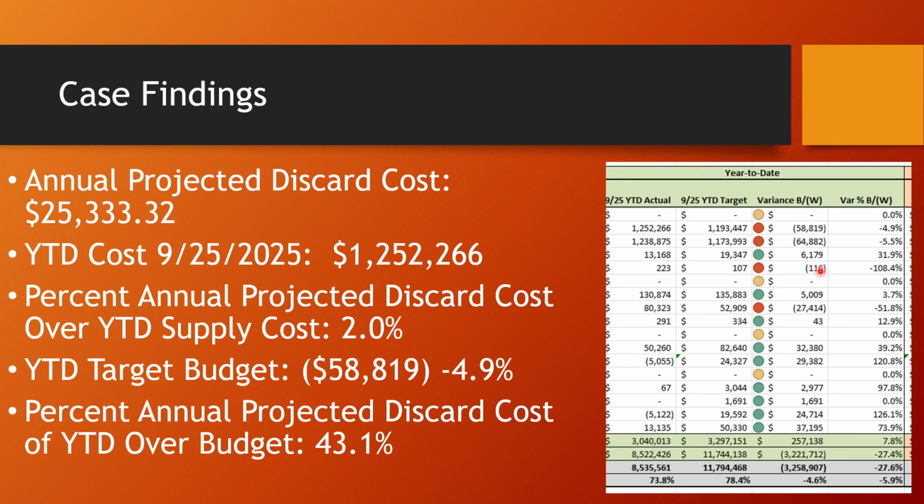And of that $58,000, 43% of that is actually going to be this annual projected discard cost. So that's a pretty significant percentage of how we're over budget. That 43%, again, is that sunk cost, and it could be avoided with our improved inventory strategy that we will go over next.